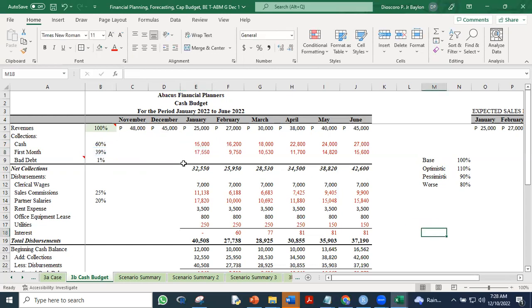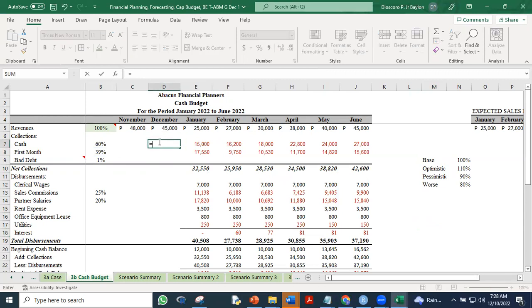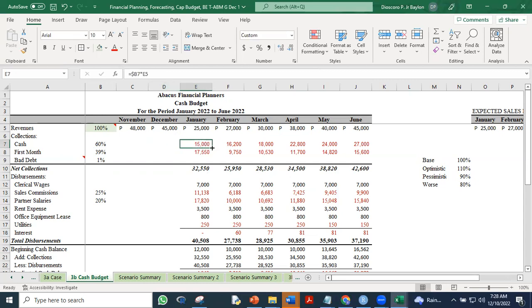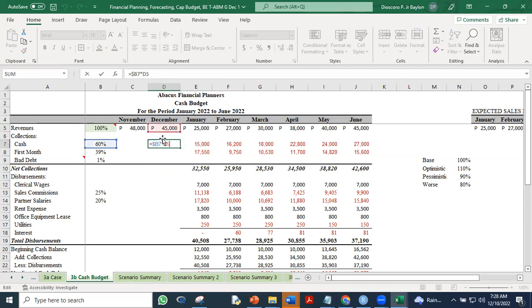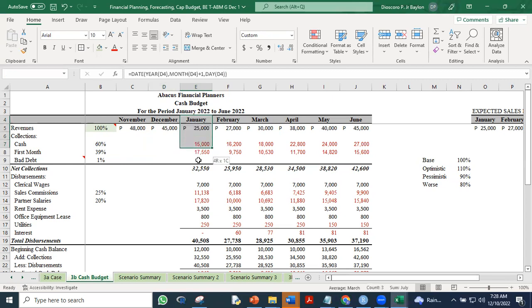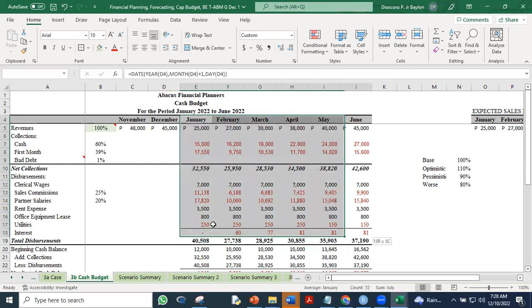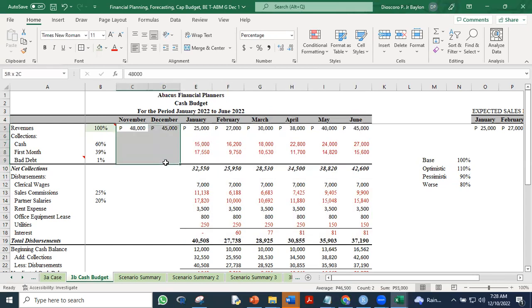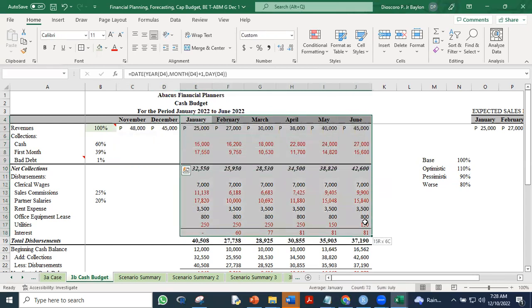Okay, because of the sales in December, the 45,000, 60% was collected in December. But I'm not putting that because what we were asked to budget is January to June of 2022, because this is already historical.